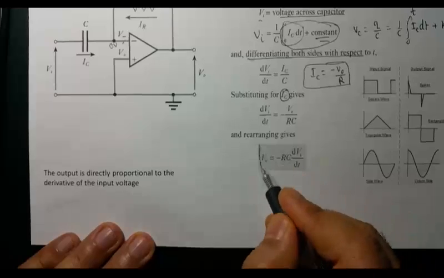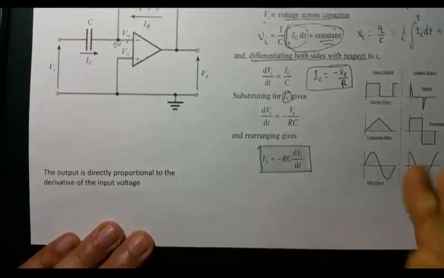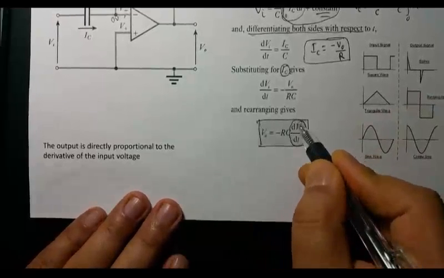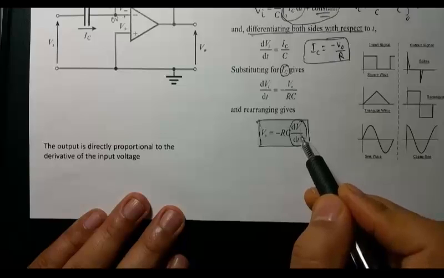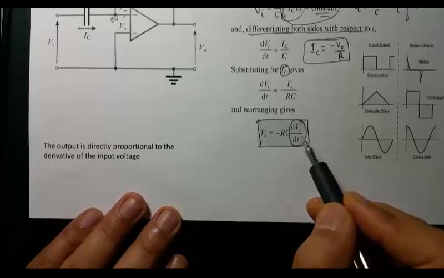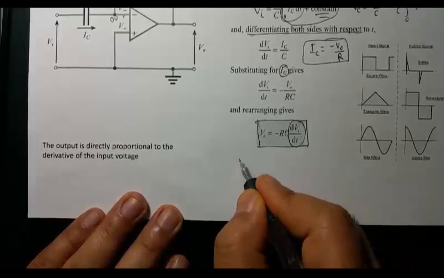You can clearly see the output is proportional to the derivative of the input voltage, so that's why it is called a differentiator.